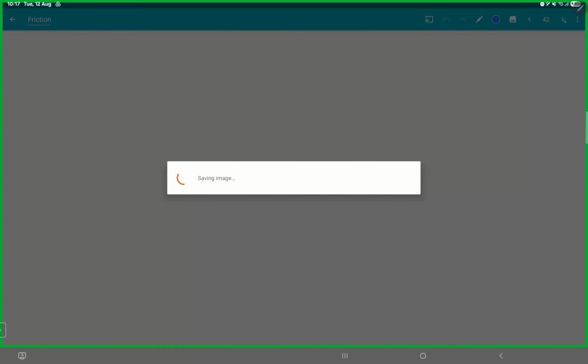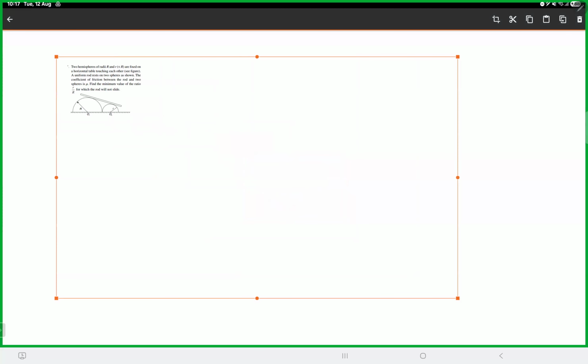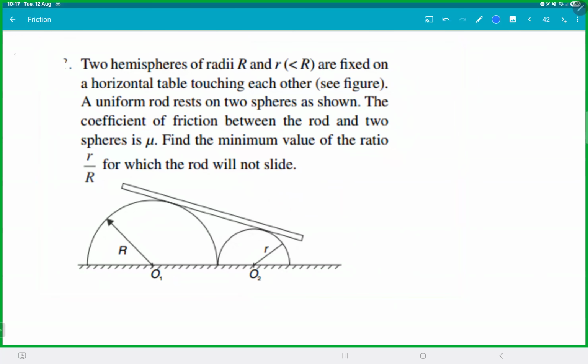Let's get this. Always the same story. Start with an FBD.